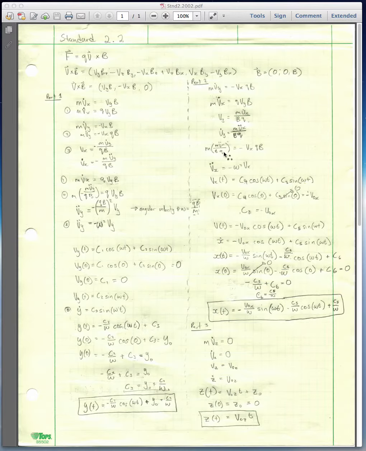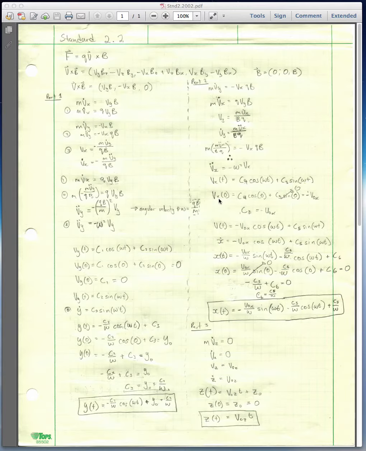In the x direction, I did exactly the same thing. I realized that this equation over here looks like this equation over here, where the only difference is that I have Vy here and Vx over here, so it's the same thing. From then on, I did exactly the same thing until I got to plugging in the initial conditions.